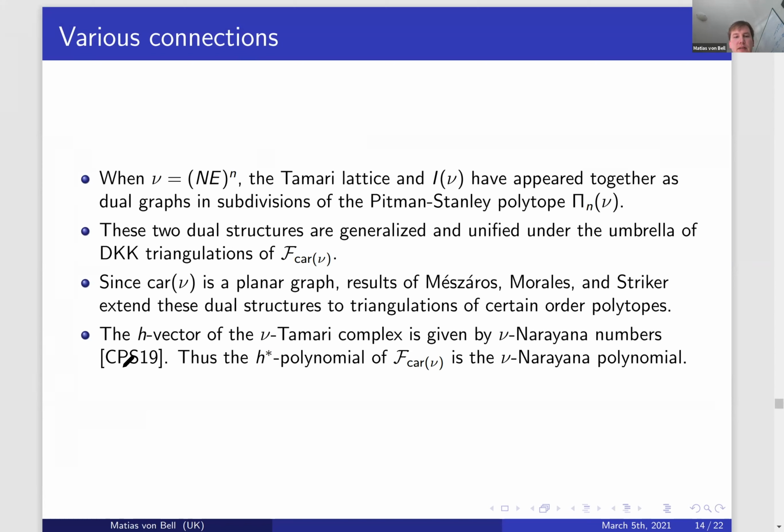This was shown by Ceballos, Padrol, and Sarmiento as well. And so that gives us that the h-star polynomial of our nu-caracol flow polytope is the nu-Narayana polynomial. And we obtained another proof of this as well using a shelling order on the triangulation induced by the planar framing. So there are two proofs of this fact.